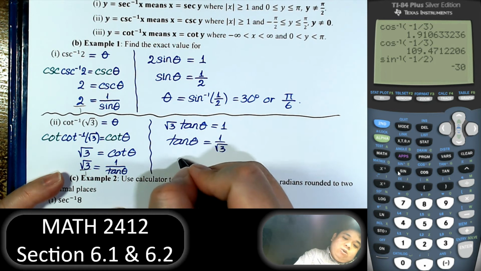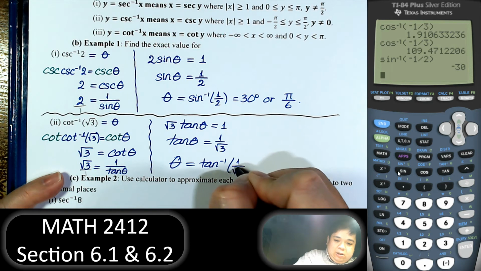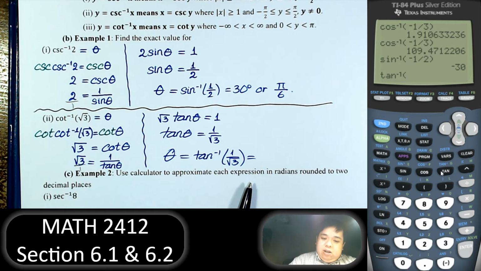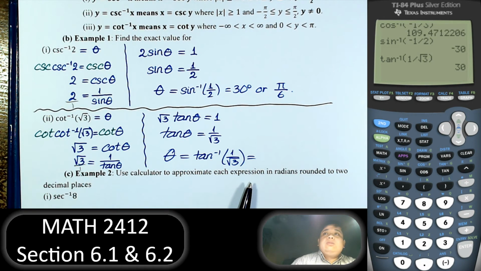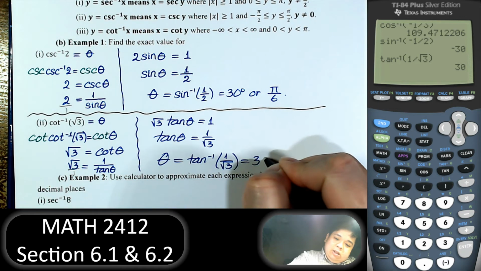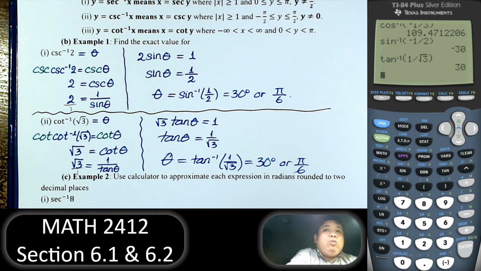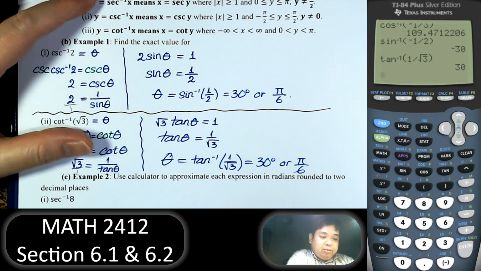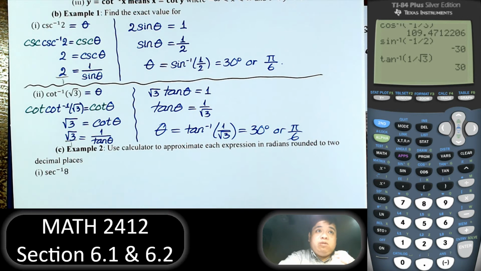If we want to get back to theta, we can just take the inverse tangent of 1 over square root of 3, which is 30 degrees, or pi over 6. So that's what we have to do when we have inverse secant, cosecant or cotangent, because the calculator does not do that directly, so we have to write this form.